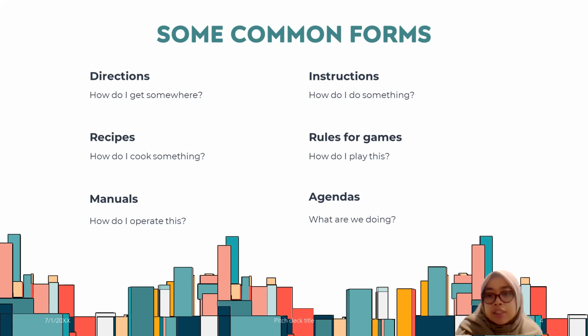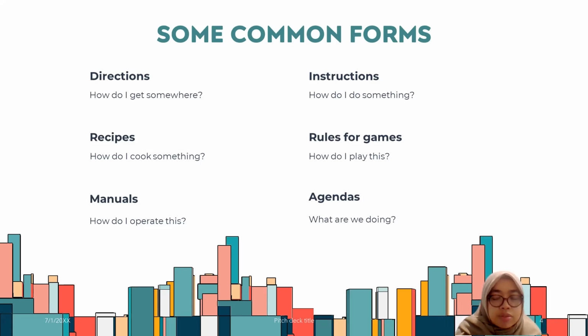The third is recipes. This is currently my favorite thing of procedural text, because I have to make food every day to live here. So in the form of recipes, the question is, how do I cook something?